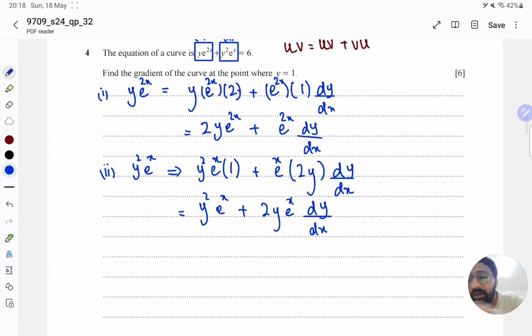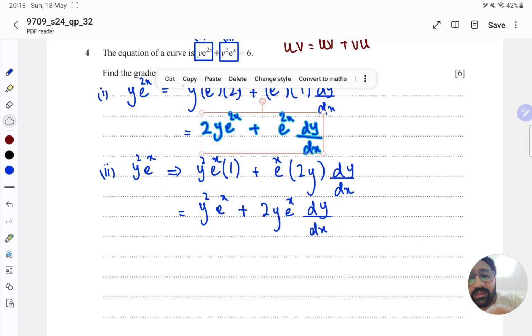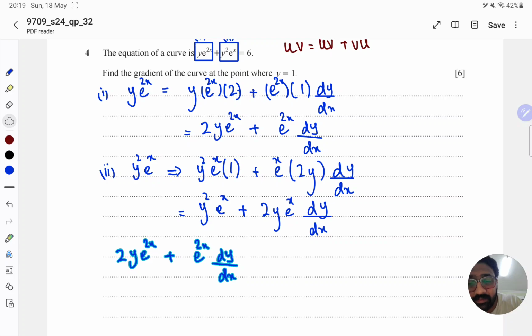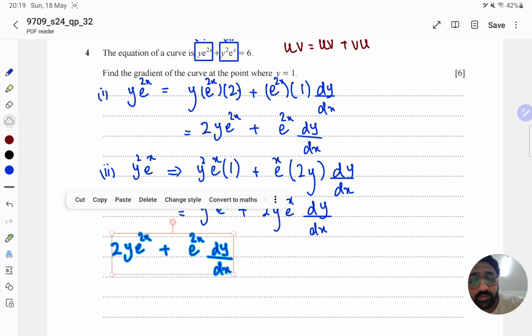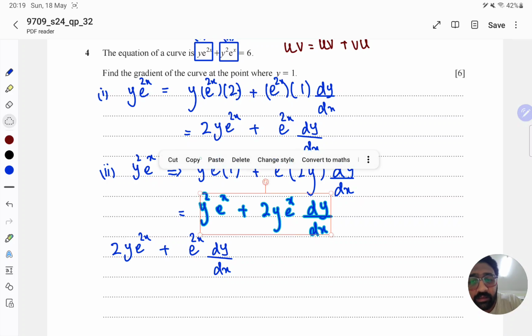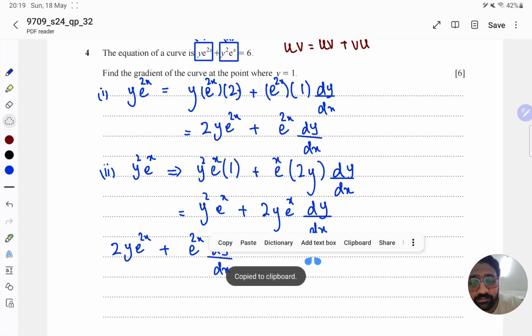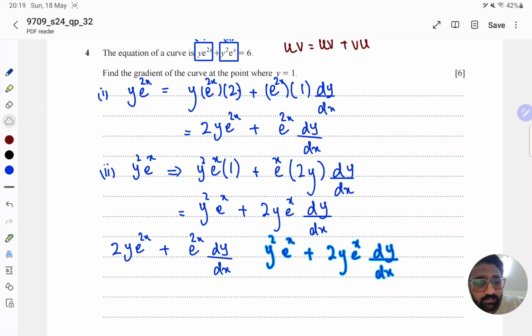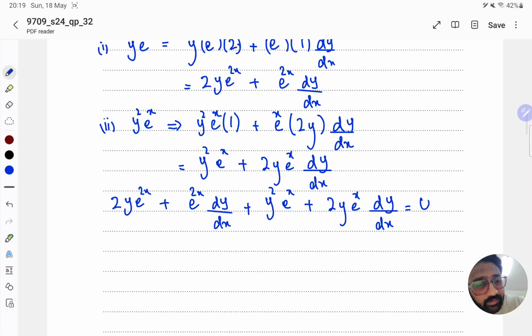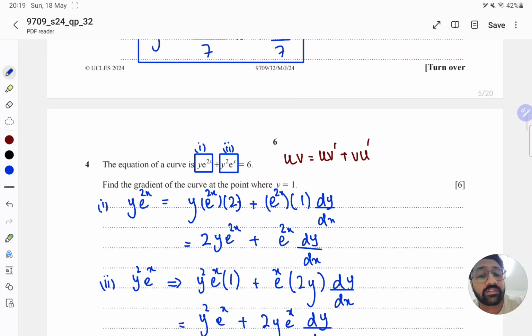Now I will write both of them together. Let me just copy it down. I'll write down both of them together as one simple differentiation: the first, followed by the second, plus, and there will be an equal sign, and it will be 0 because the differentiation of 6 is 0.